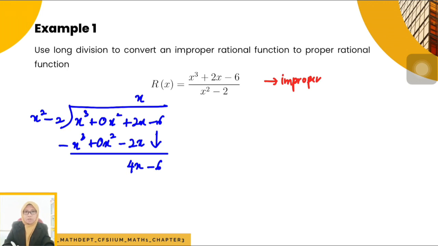So why do we have to stop here? Because the degree of the remainder is already less than the degree of the divisor. So this is our r(x) and this is our q(x).